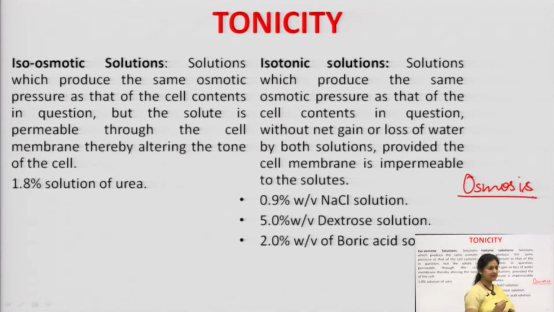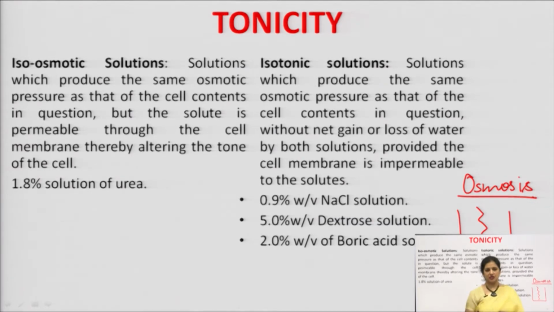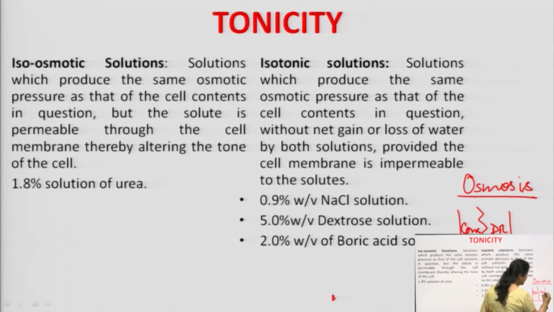I will just make the concept clear to you. Say for example, this is a beaker. There is a semi-permeable membrane. As the name suggests, semi means partially, permeable means it is going to allow some of the molecules to pass through and it is going to forbid some of the molecules from passing through. Say this is a solution which is quite concentrated, and this is the dilute.